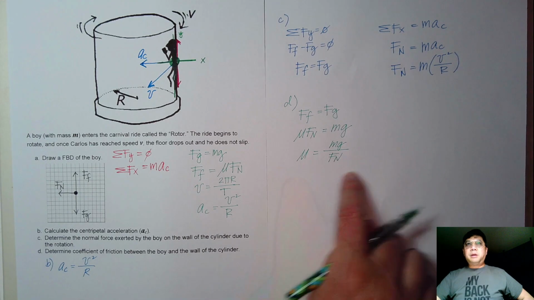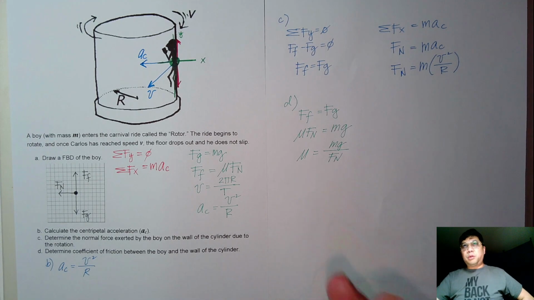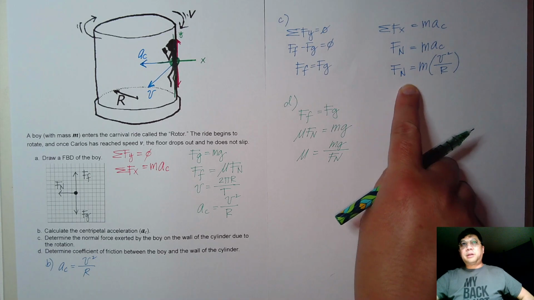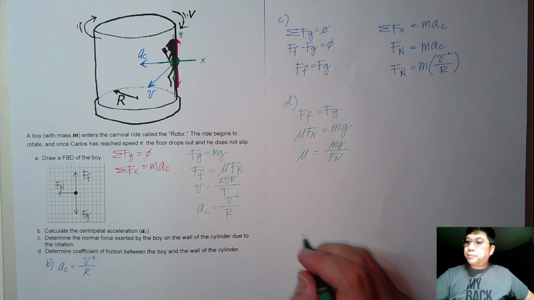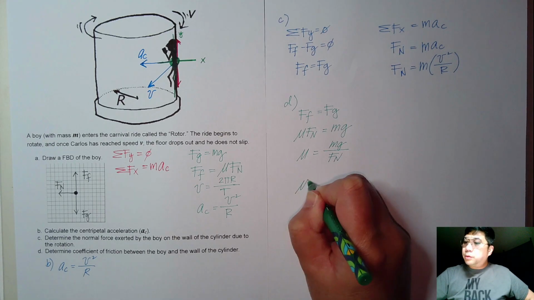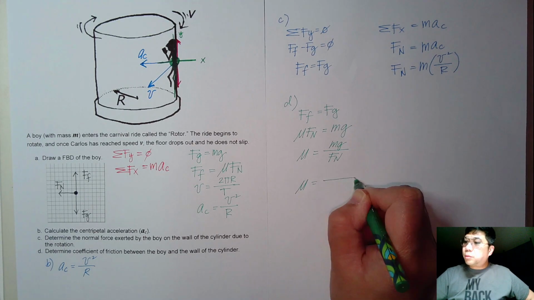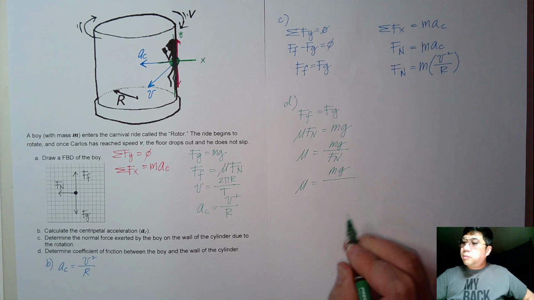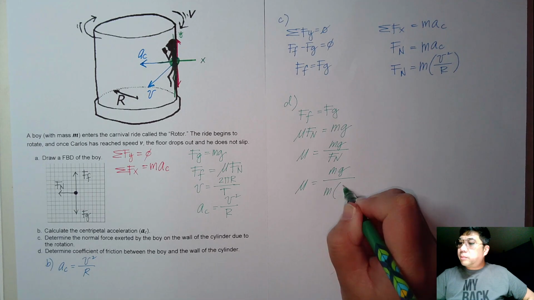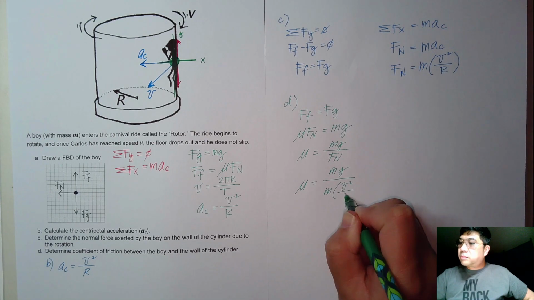So if you stop here, that's already given, but we all know that Fn has another value, which is mv squared over r. So mu, by replacing the value of your normal force, is mass g over mass multiplied by v squared over r.